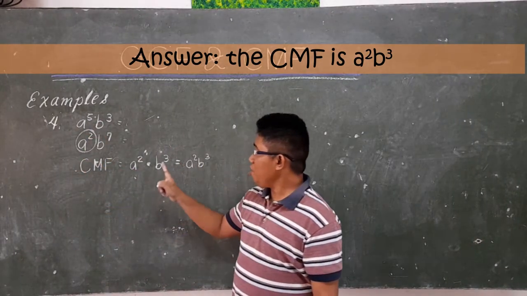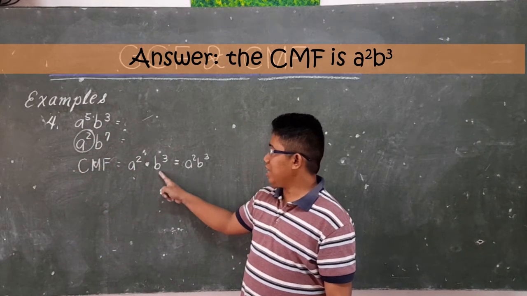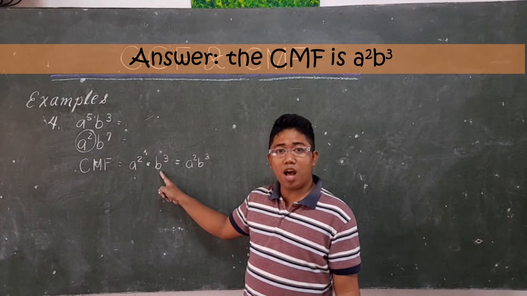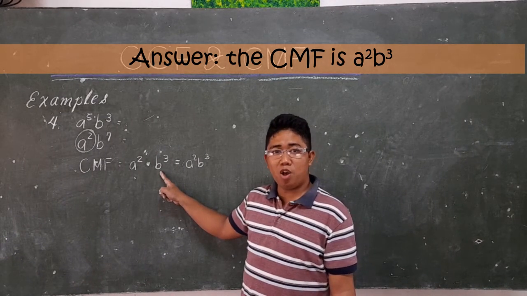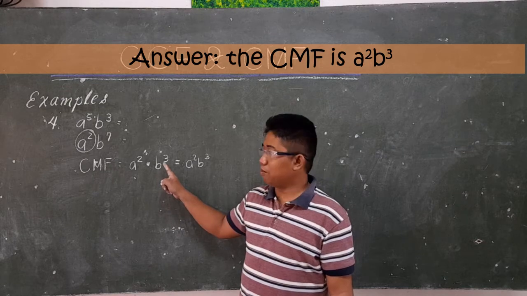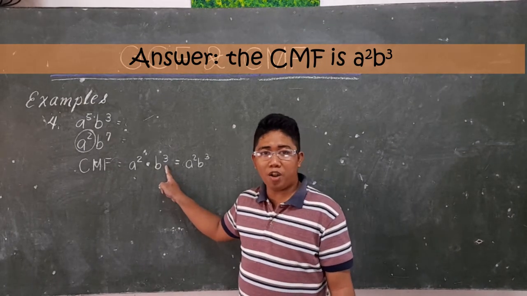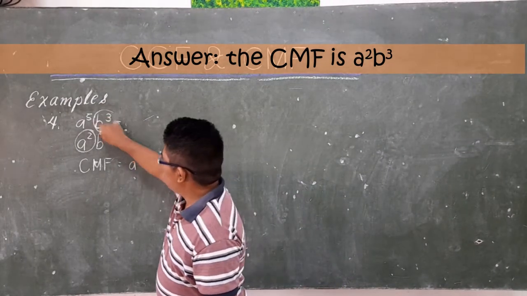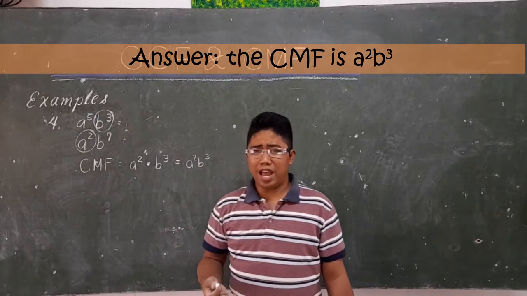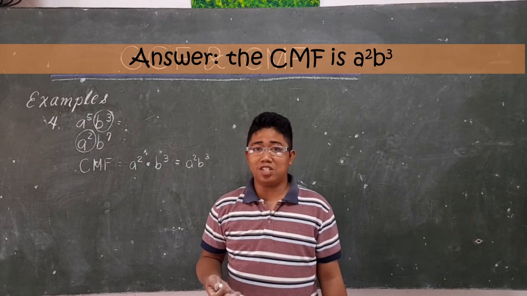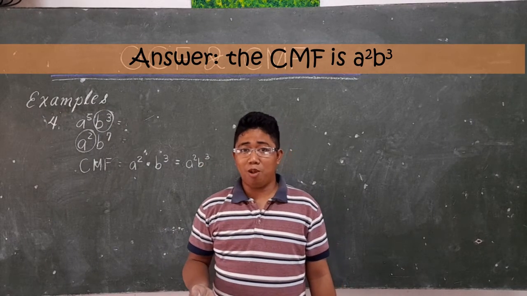For b, since b cubed is part of the common monomial factor, we get b cubed. So students, what did you notice about these circled variables here?